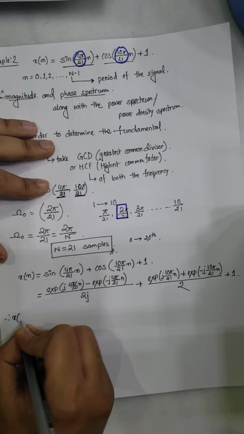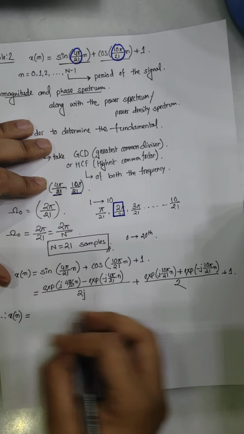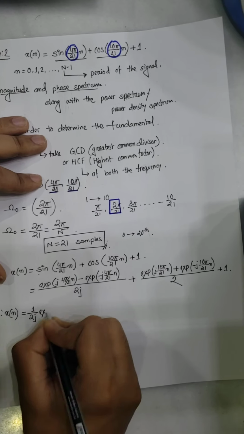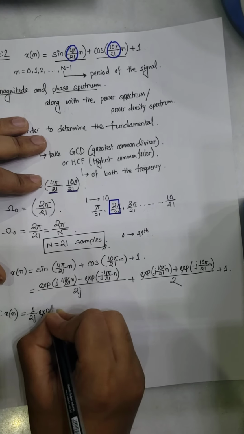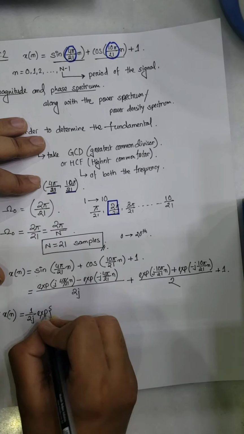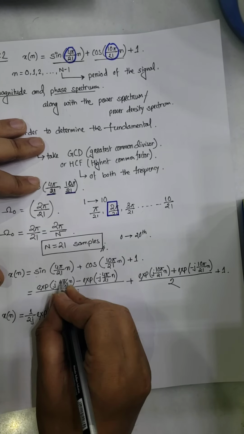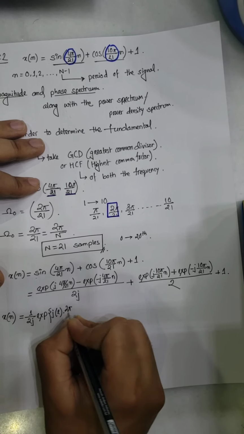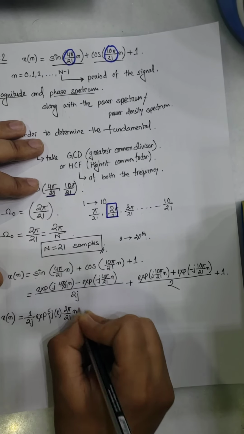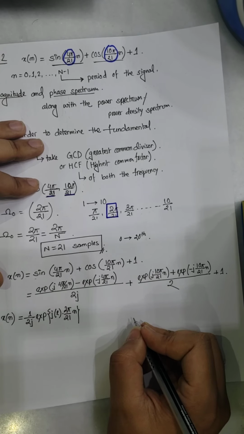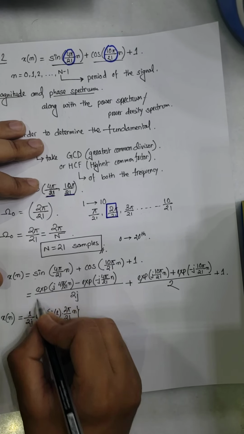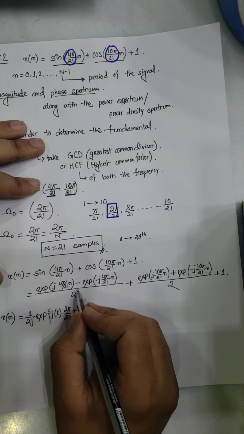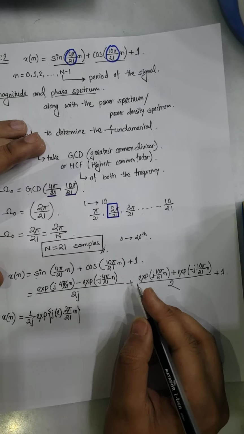So expanding it a bit further, what we get is 1 over twice j e to the power j, let us write 4 pi over 21 like this, 2 into twice pi over 21 times n. That means we are trying to make this term analogous to the synthesis equation.